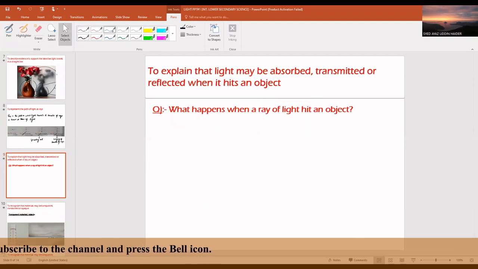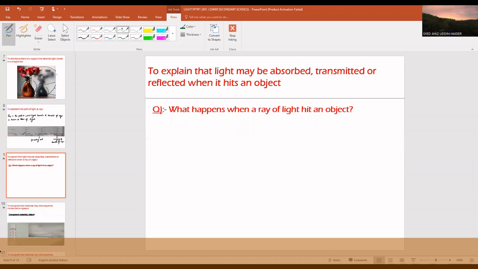What happens when a ray of light hits an object?